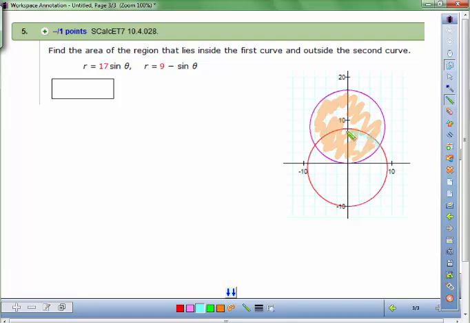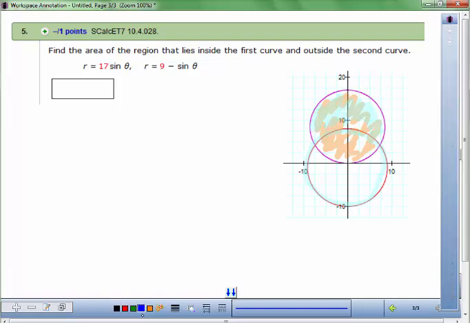This is the second curve over here, and you want things that are outside of that. So it'll be this area that we're looking for. Does that make sense? They give you a bunch of functions, and inside this and outside that, and so this is what we want.